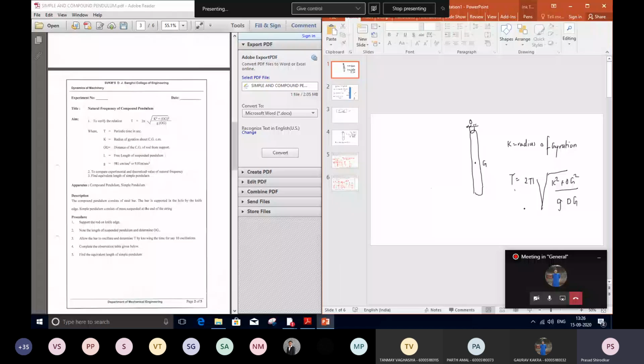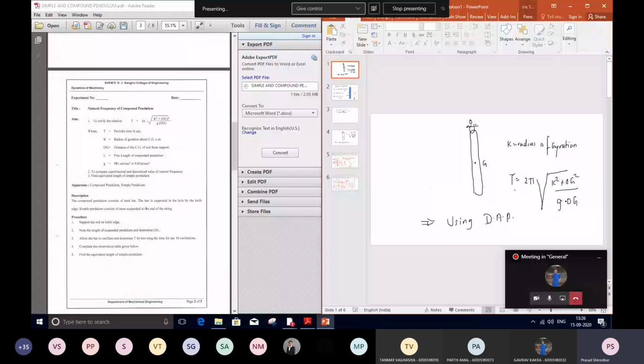Alright. So this is the theoretical relationship. This relationship you will get by using D'Alembert's principle. Alright. So this is by using your calculus.